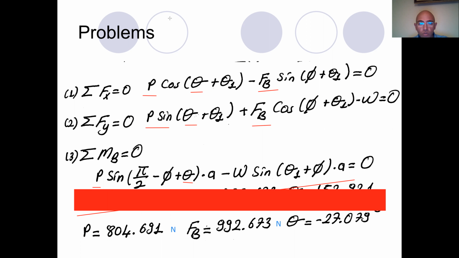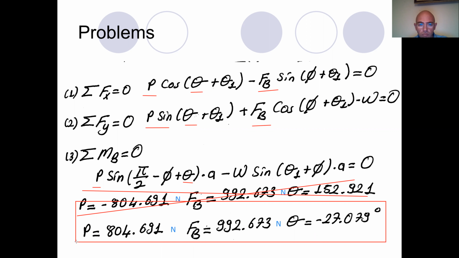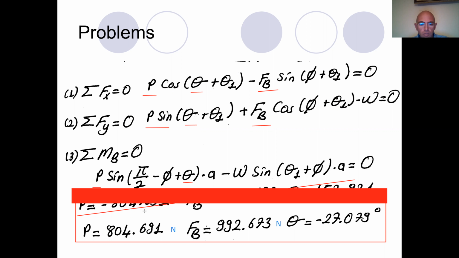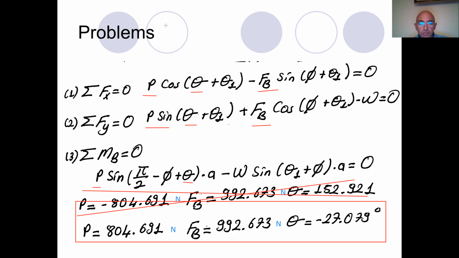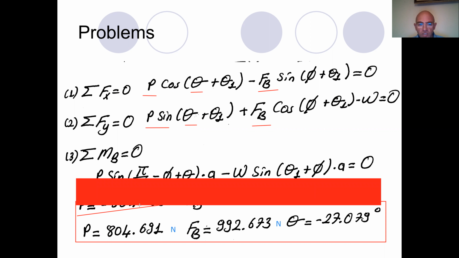So the second one is the solution of the problem. This is the solution. Okay. So this is the solution.